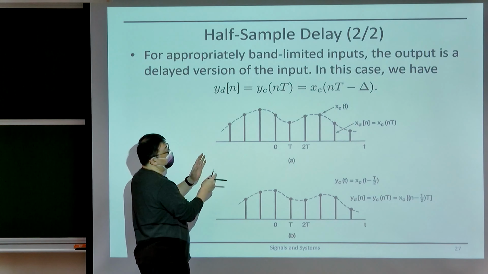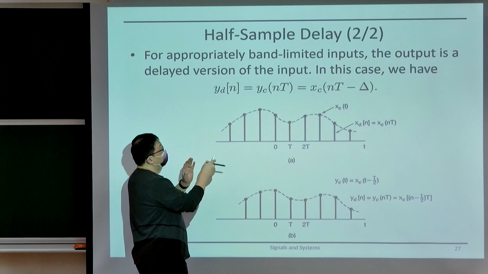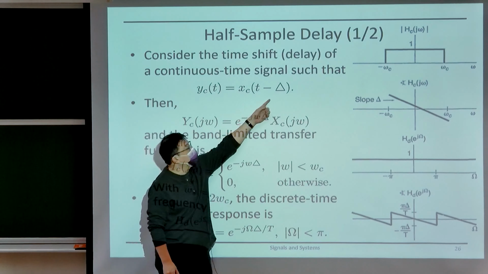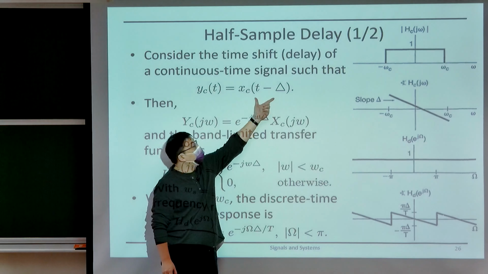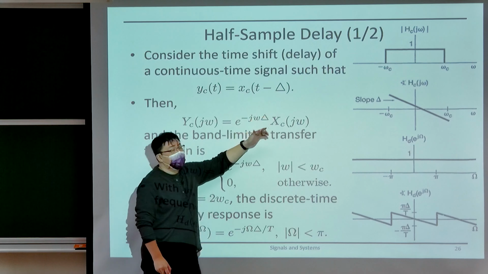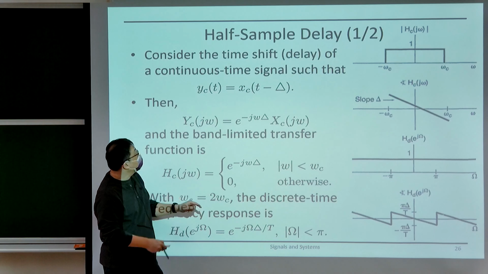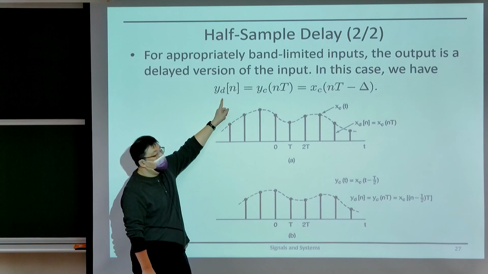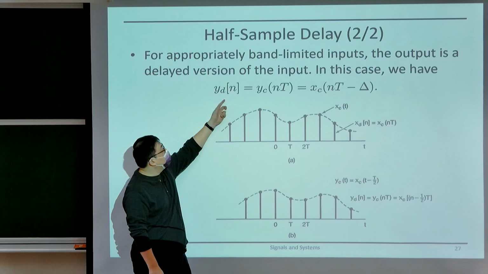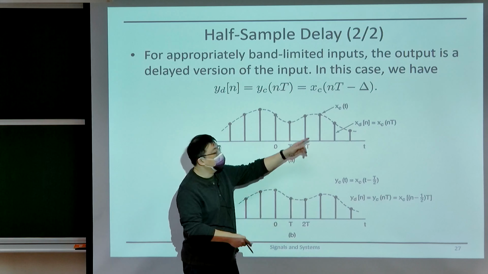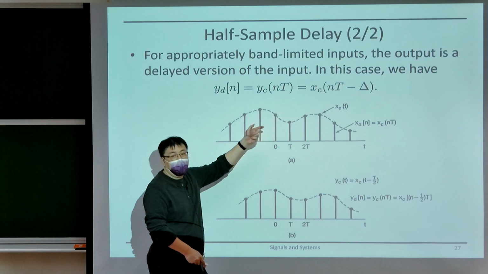You have to be aware that even though we're looking at a time-shifted version of the continuous time signal, when you take the sampling to look at the discrete time signal, the discrete time signal is not simply a time-shifted version of the discrete time version of the input.